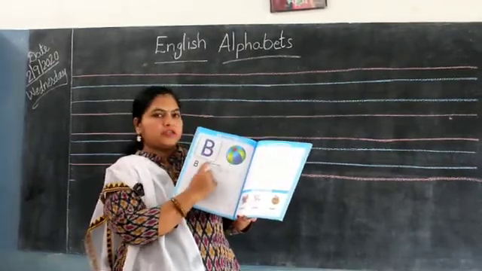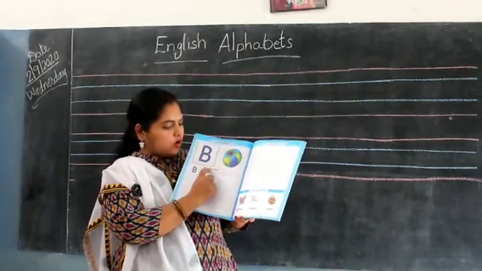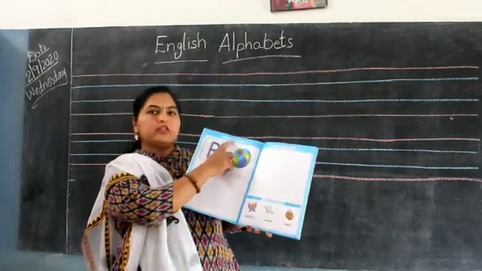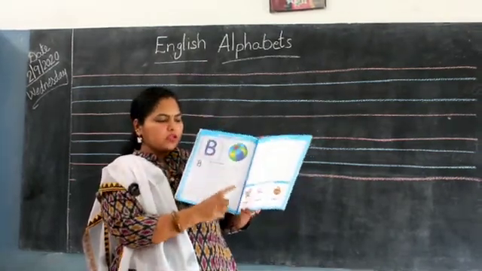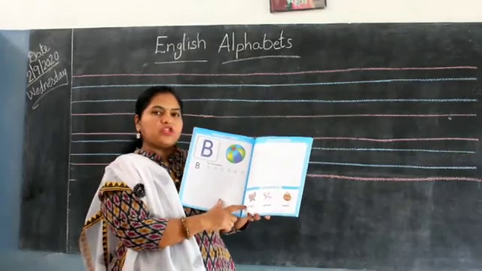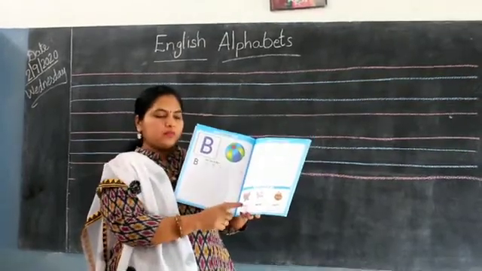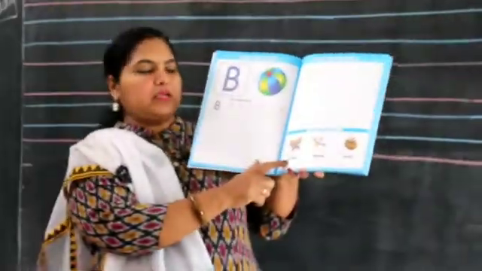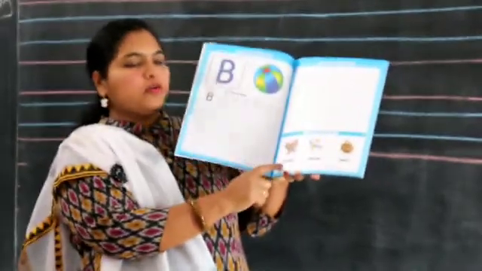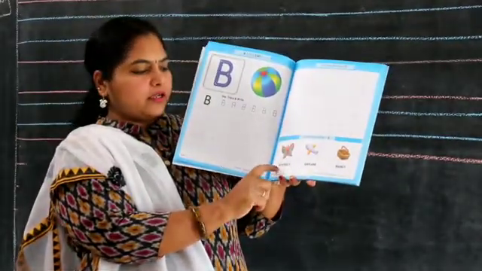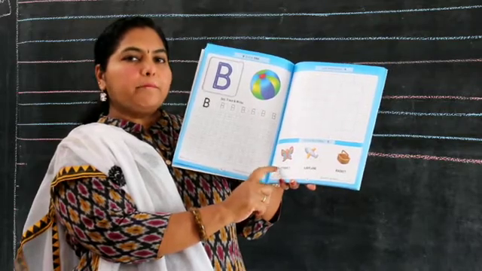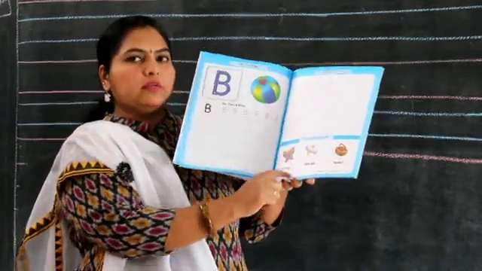For ball, the first letter is B. Similarly, which of these three names have the first letter B? B is for butterfly. The word butterfly starts with the letter B, so you have to circle butterfly.